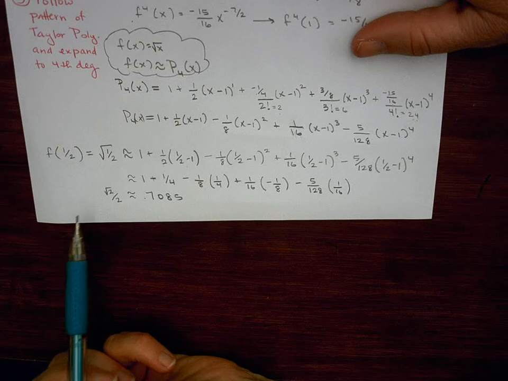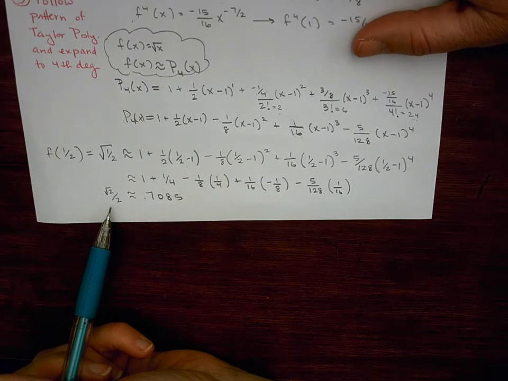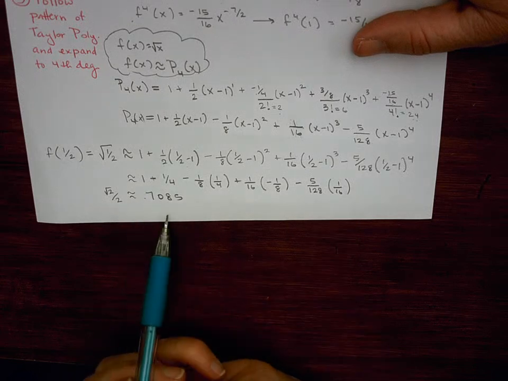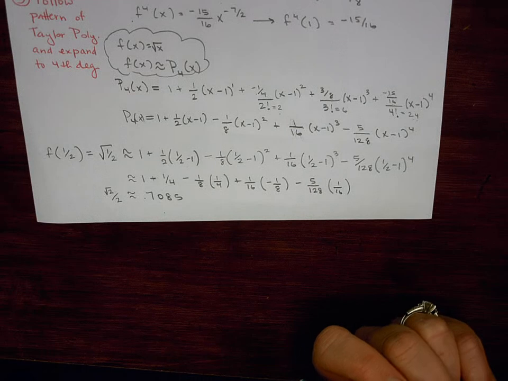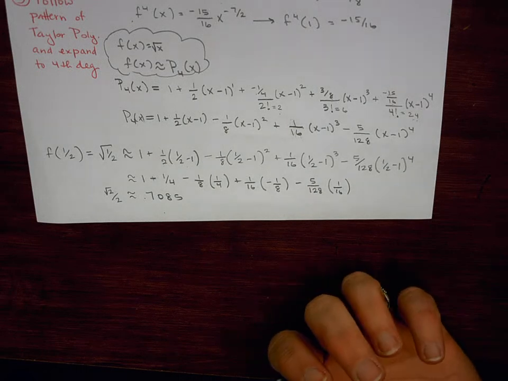So if I use my calculator to approximate the square root of 1/2, I would get 0.707. If I did this, I could find a fractional equivalent, but I just did this as a decimal, so I got 0.7085.